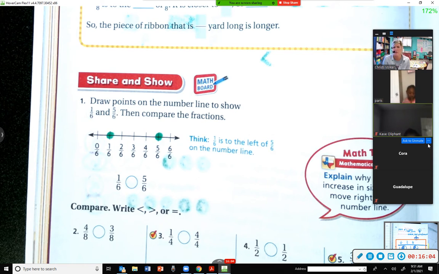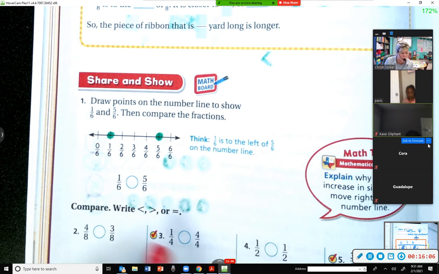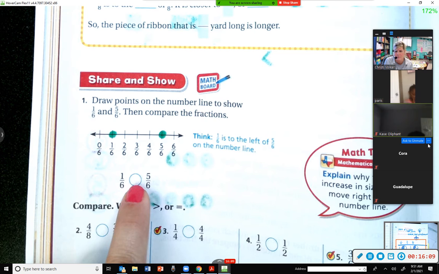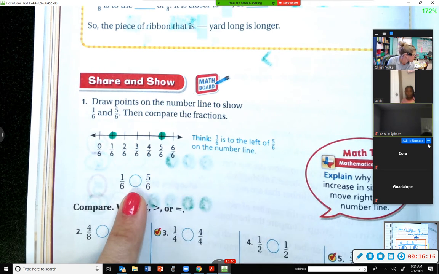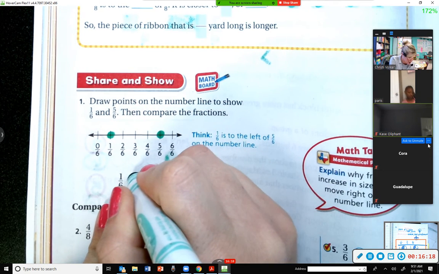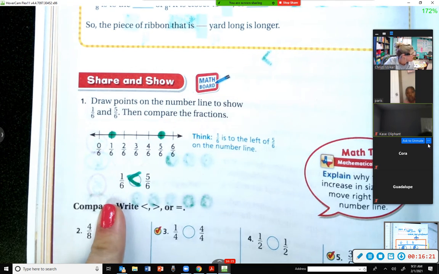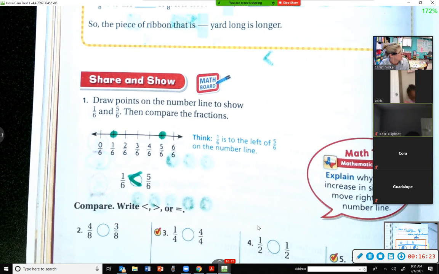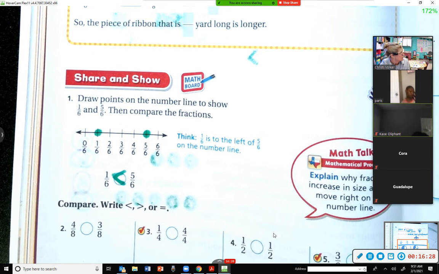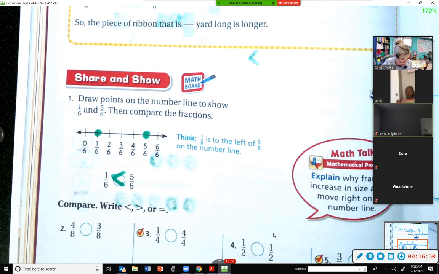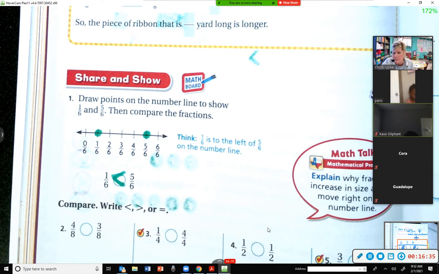Anybody at home know? 1/6 is less than 5/6. Good. We need to make sure we write the symbol correctly. It needs to go this way. Okay? Alright, I want you guys to try numbers 2, 3, 4, and 5 on your own. Then we're going to come back and check to see if you got them right.